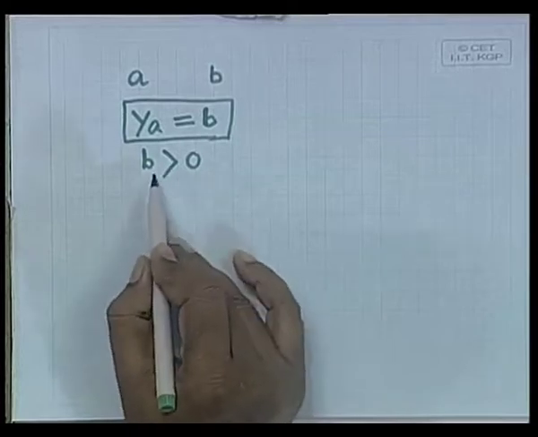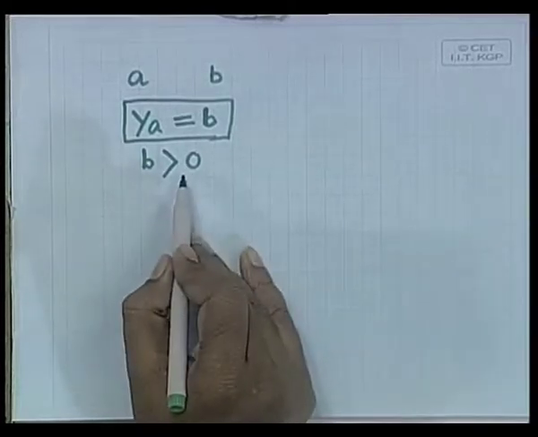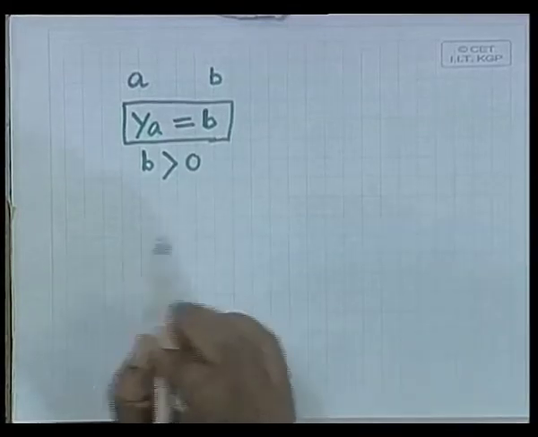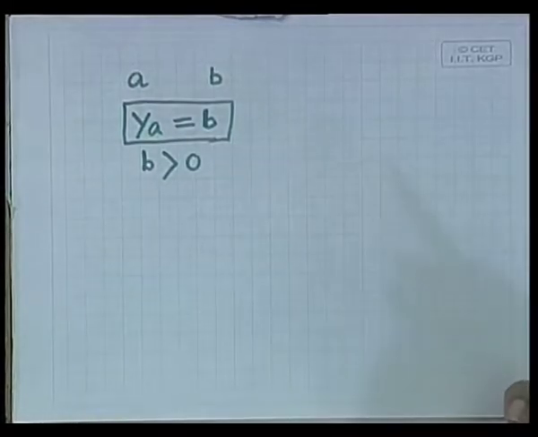While doing that, when we update B, we have to keep in mind that in none of the cases can any component of B be less than 0. We always have to maintain that every component of B will be greater than 0.